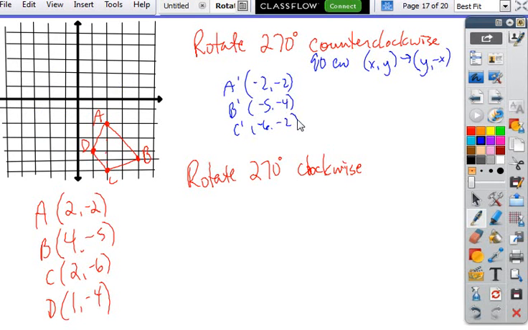And D prime is going to be negative 4, negative 1. Where should this one wind up? Third quadrant, because if I'm in the fourth and I go 3 to the left, that'd be 1, 2, and then 3. So negative 2, negative 2, negative 5, negative 4, negative 6, negative 2, negative 4, negative 1.